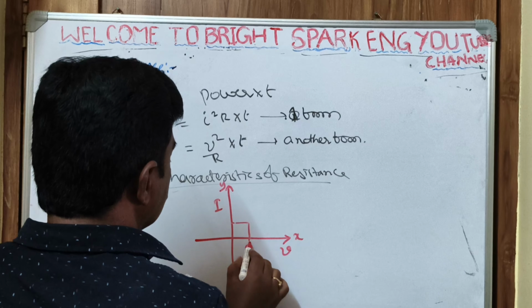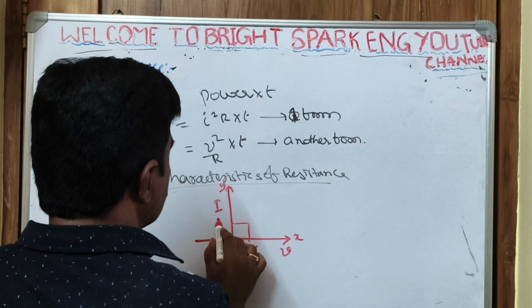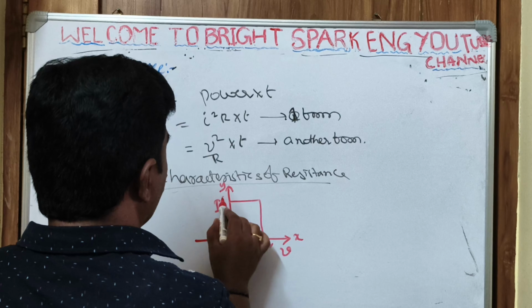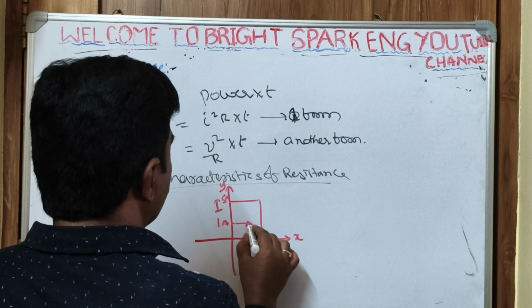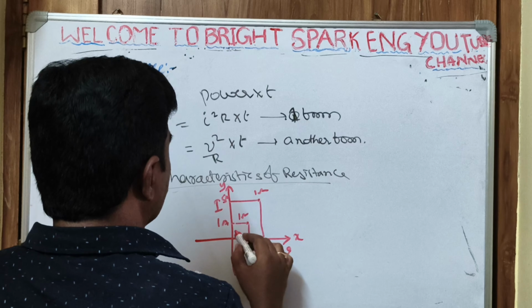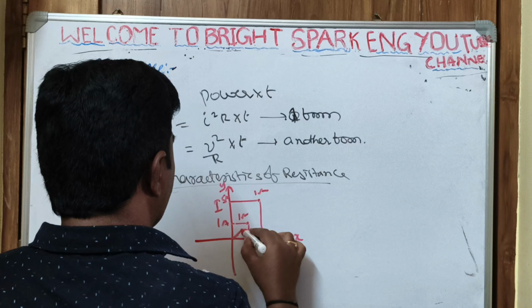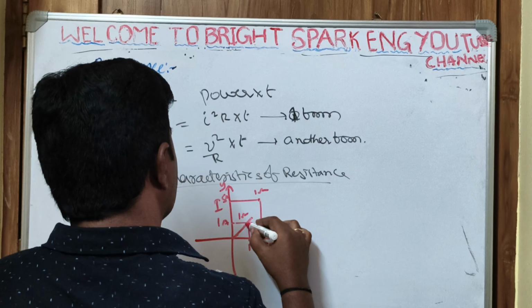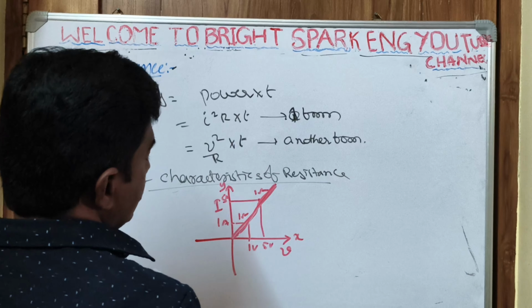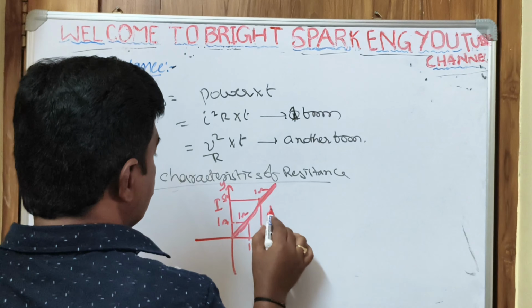Then this is 1 volt, this is 1 amp. This is 5 volts, 5 amps. Here is 1 ohm. Then draw all the points. Then it is a linear property. This is in the first quadrant.